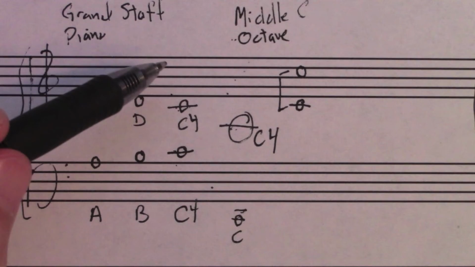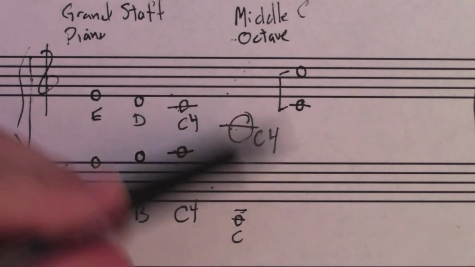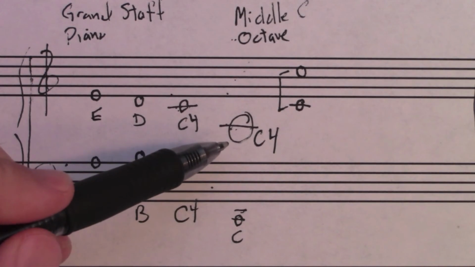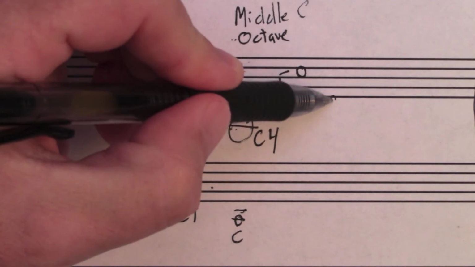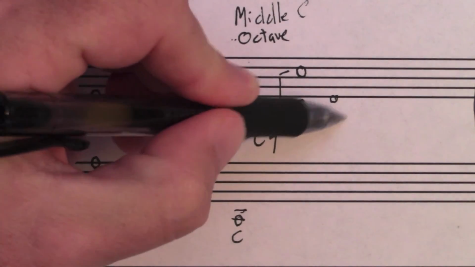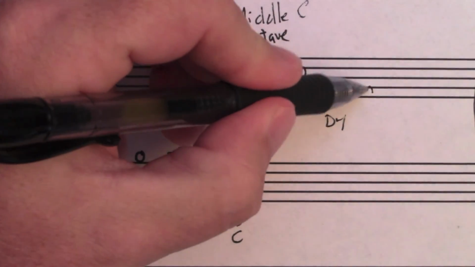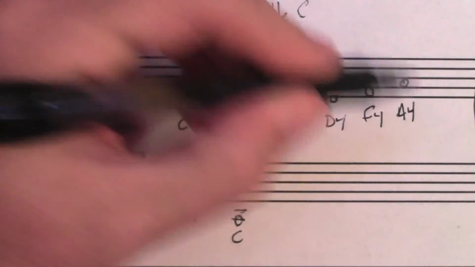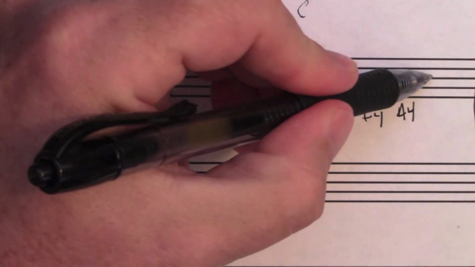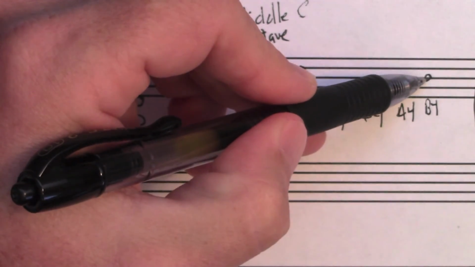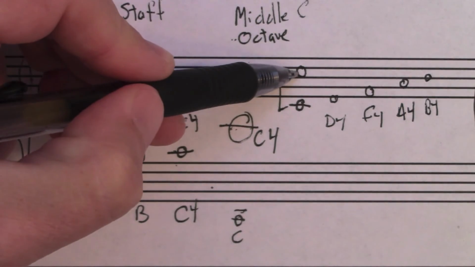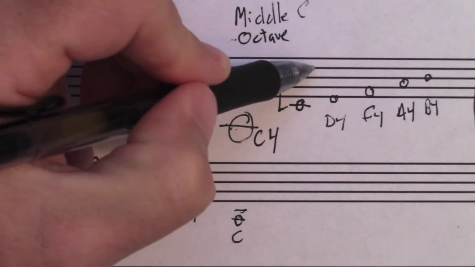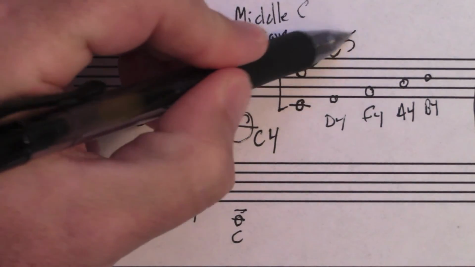And every octave changes on the C. So for example, this is D4. This is F4. This is A4. B4, the next note above B is C, this C here. This is C5.